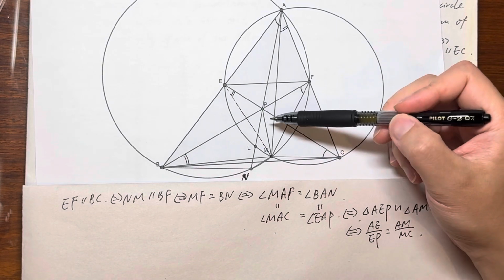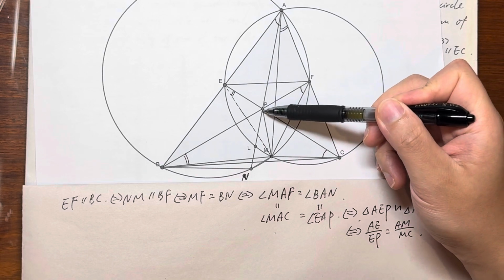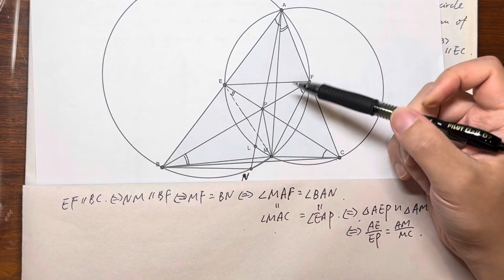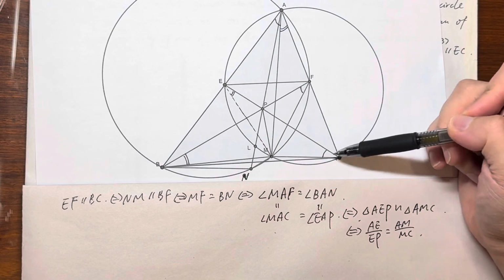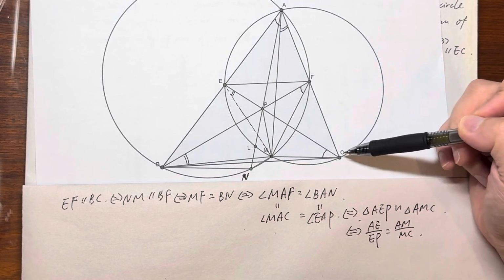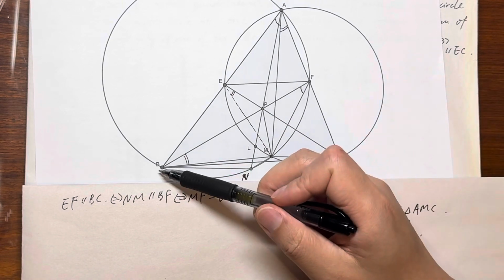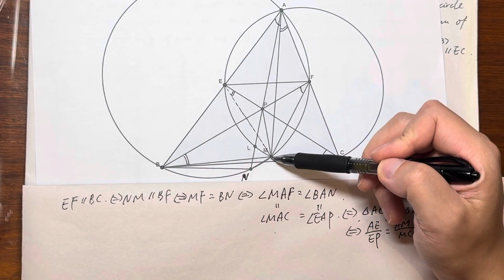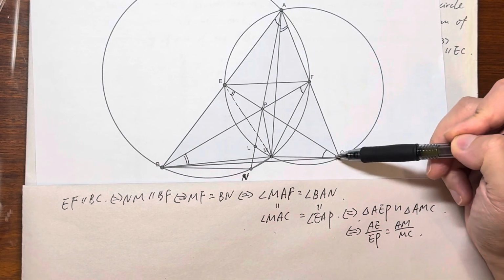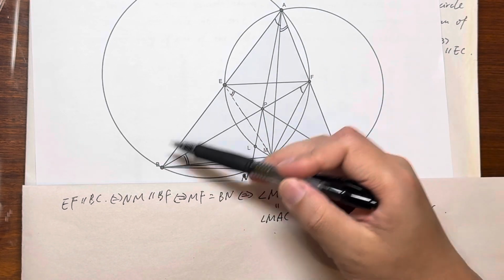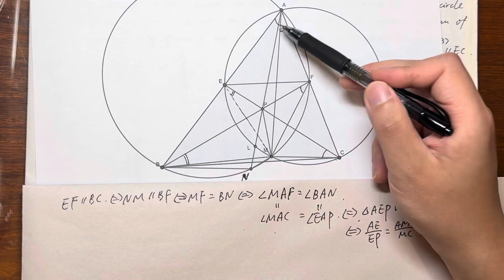So here, let's think about the triangle PMC. The angle MCP equals angle BAM, this angle.